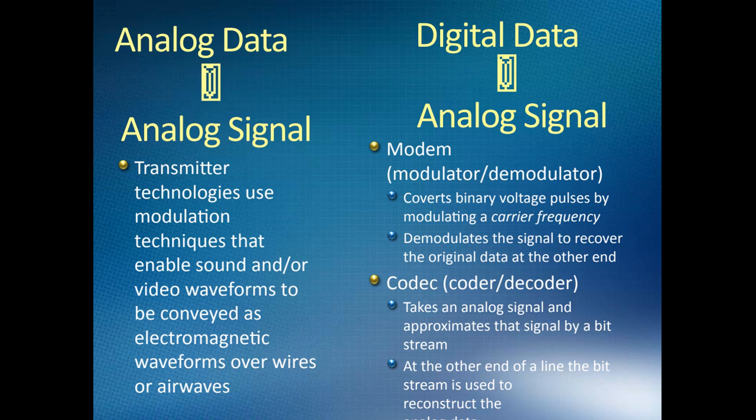But modem is still used for WAN connections. And then the codec, coder, decoder takes an analog signal and approximates that signal by a bit stream. At the other end of the line, the bit stream is used to reconstruct the data.